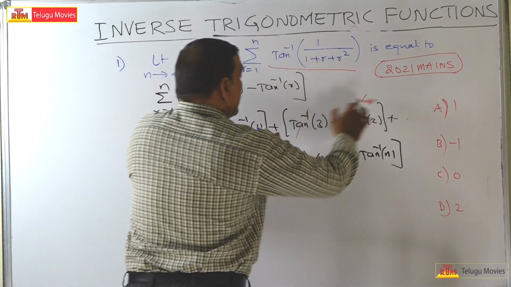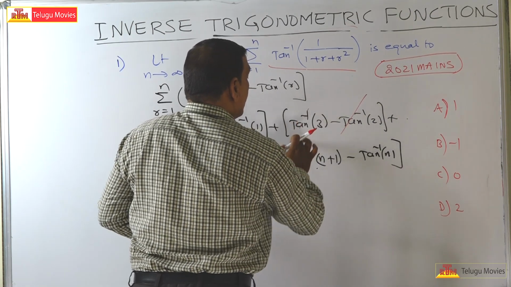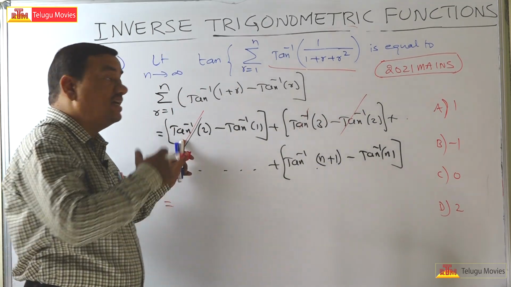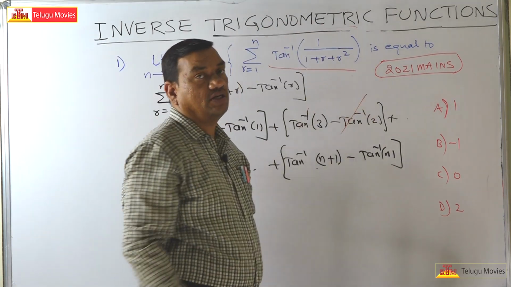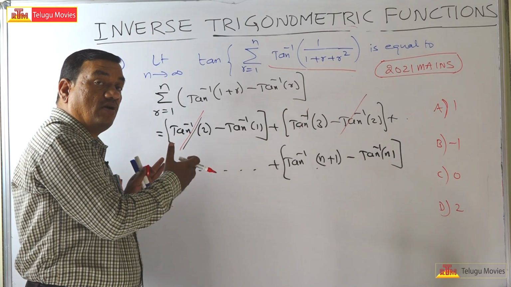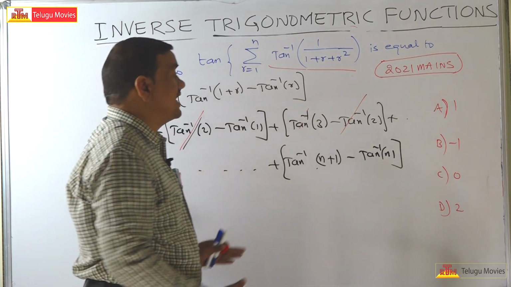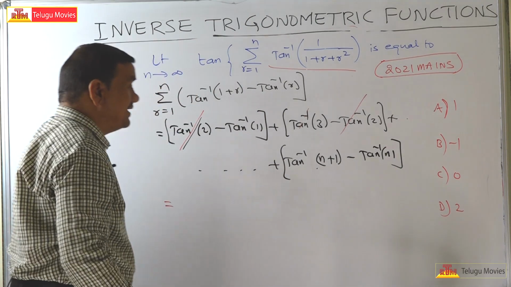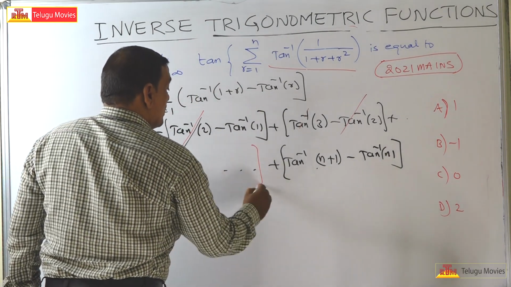In these two brackets, the first term of the first bracket is cancelled with the second term of the second bracket. Like this. For example, here one term will be there.